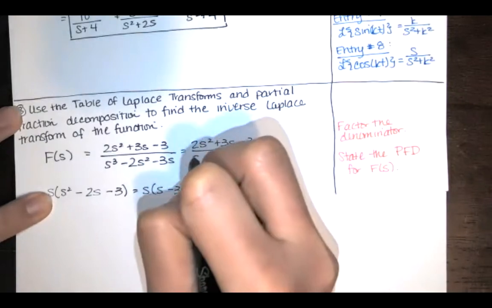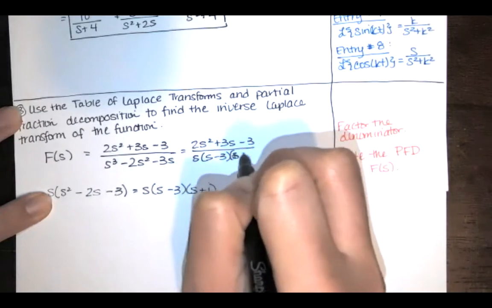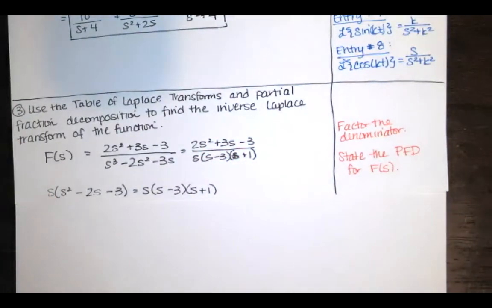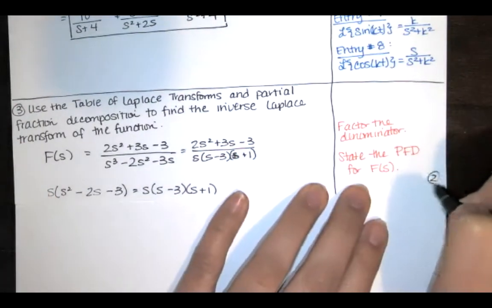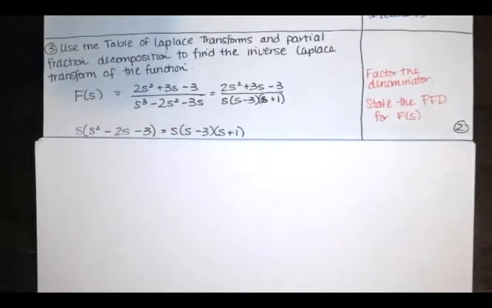So F of s is really this. And that means I've got 3 linear factors. None of my linear factors are repeated. So it's just going to be a pretty straightforward partial fraction decomposition.